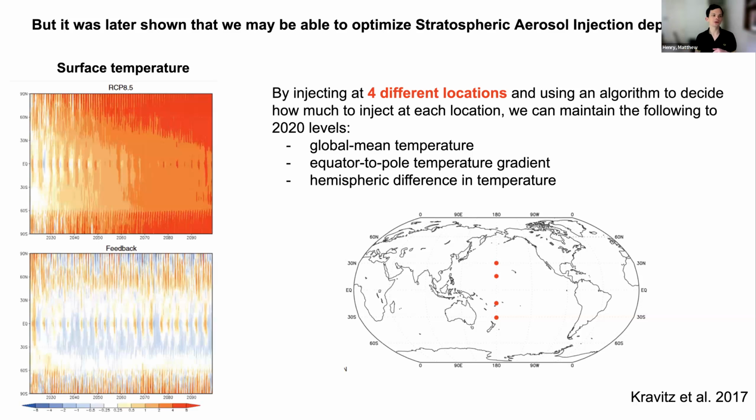As an example, here on the right is the surface temperature change from RCP 8.5 for different latitudes and different years. And then on the bottom is the same simulation, but where we injected at 4 different locations, using that algorithm in order to maintain the same pattern of surface temperature.